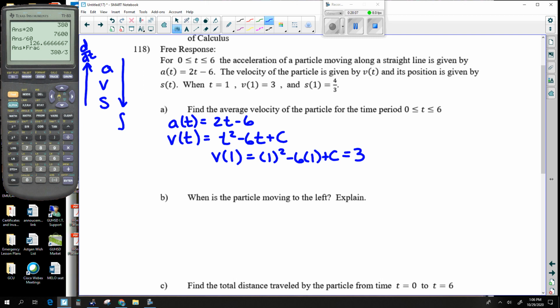So 1 minus 6 is negative 5. C is equal to 8. So the velocity of this is t squared minus 6t plus 8. Okay, that's the velocity equation.